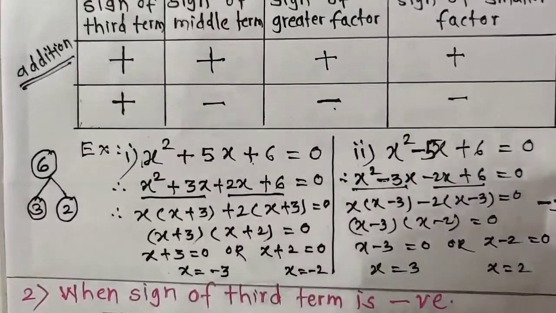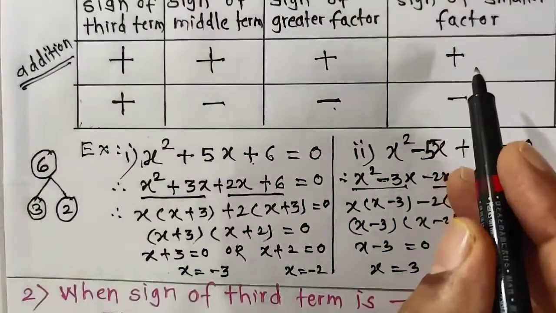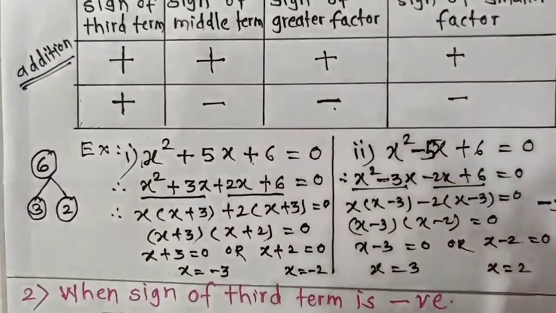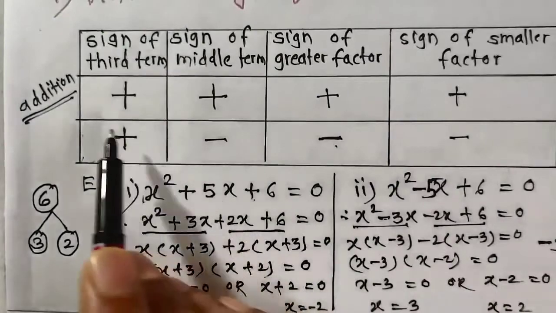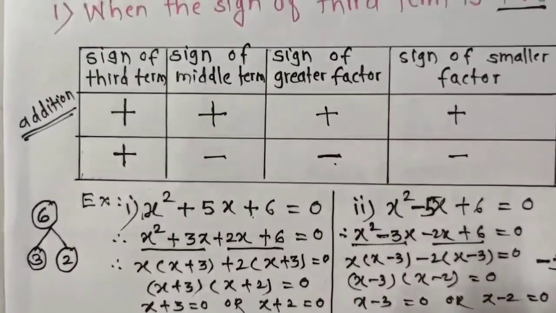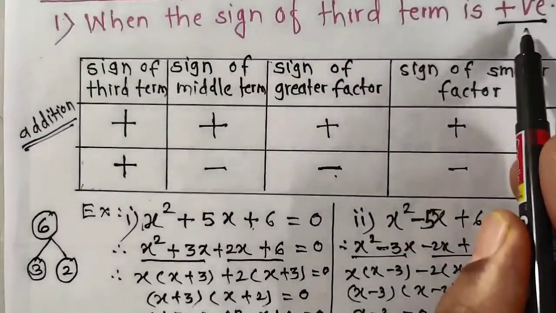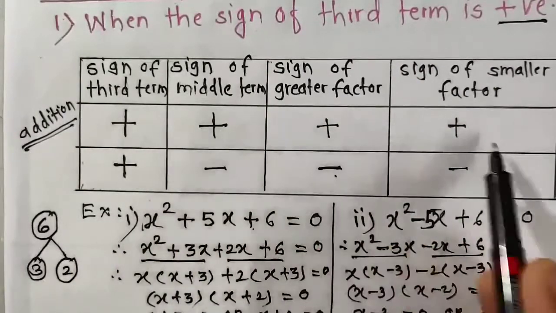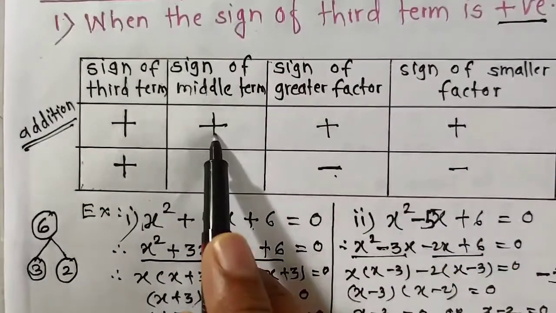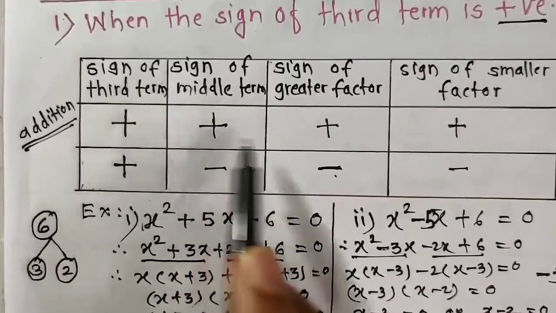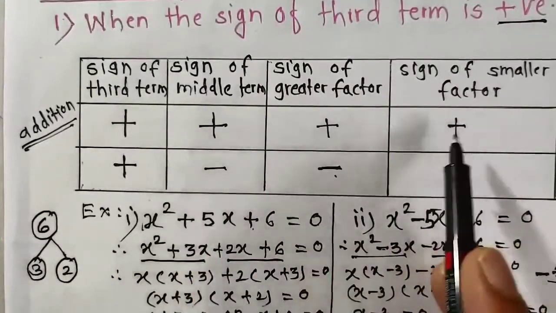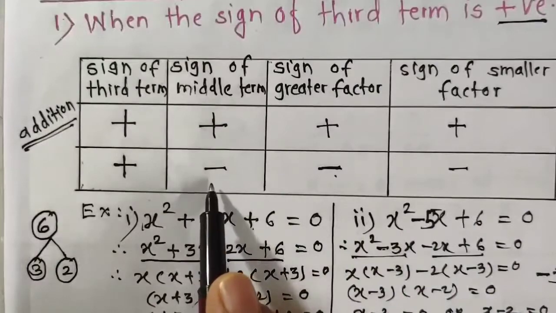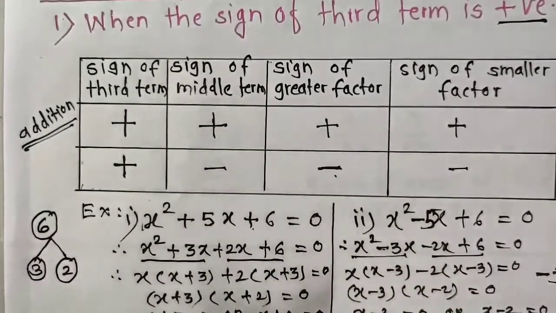So in this way, whenever the sign of the third term is positive, we can use this table. Remember again, whenever the sign is positive, the sign of both the factors depends upon the sign of the middle term. If the middle term is positive, then both the signs are positive. If the middle term is negative, then both the signs are negative.